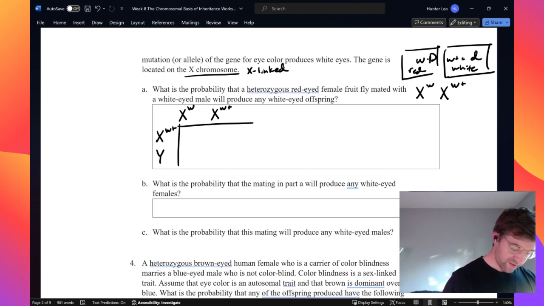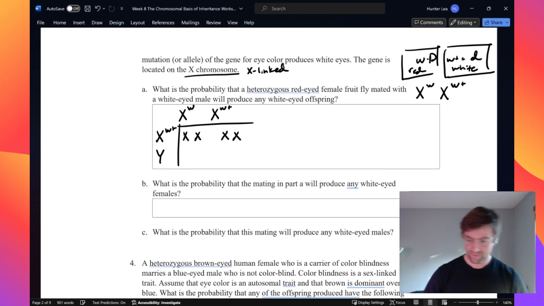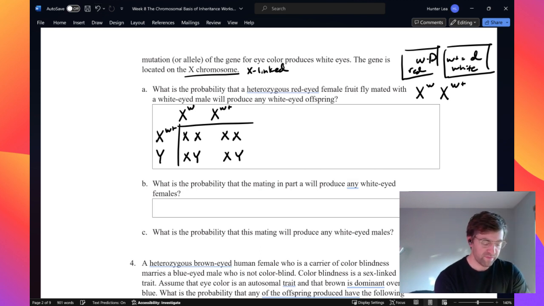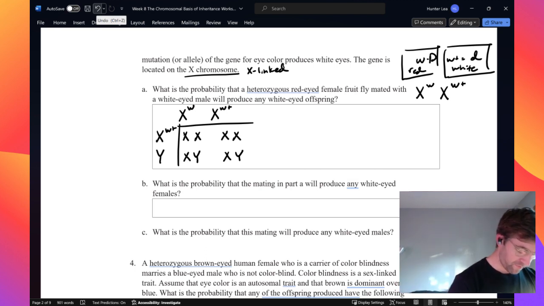Let's keep it, I kind of crowded myself here, but that's okay. Start with X and X makes female, X and Y makes male. And remember that for these male offspring, the X chromosome always comes from the parent female, right?